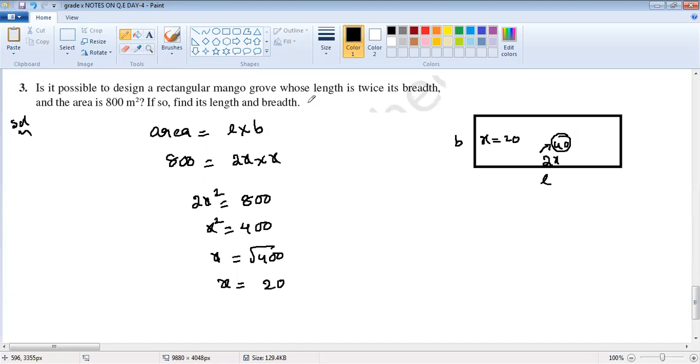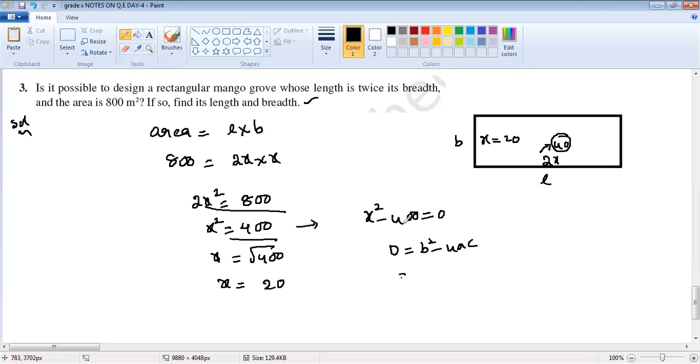Yes, sir. Find its length and breadth. Is it possible? Actually, he's asking whether it is possible, so we are supposed to verify also. How to verify? From here, it will be written as x square minus 400 is equal to 0. Then you have to find the discriminant, b square minus 4ac.